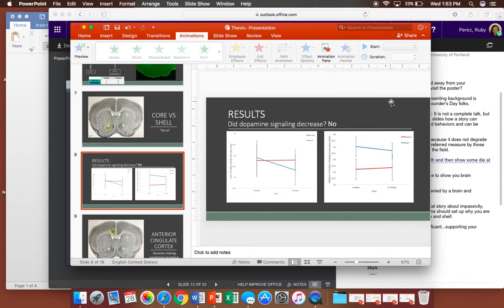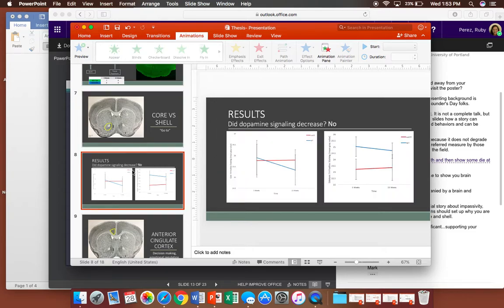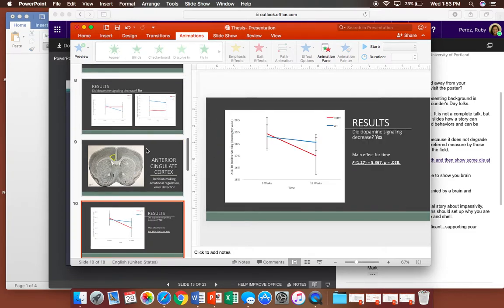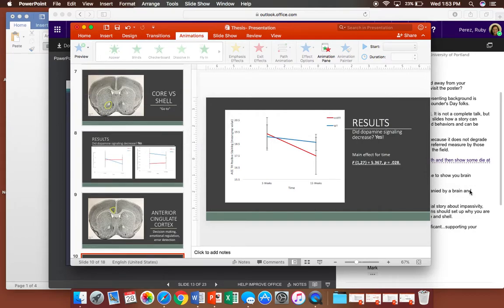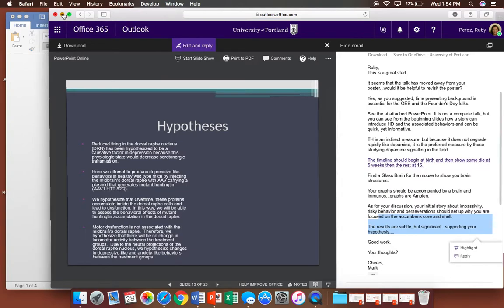But this was my whole purpose. This is the purpose for this graph. Same with this one and this one. So they go together in that way. But I can always add more. And then I'll try to focus again on that. Maybe even saying this at the beginning, this is why we're looking at the accumbens core and shell. But yes, I'll try my best to see.